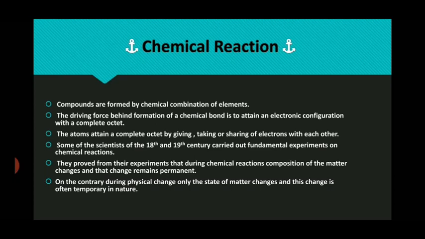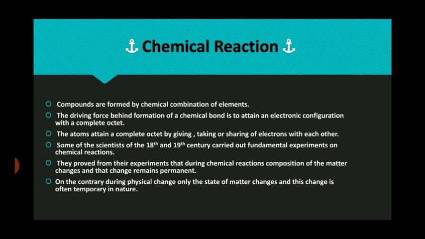Some scientists of the 18th and 19th century carried out fundamental experiments on chemical reactions. They showed from their experiments that during chemical reactions the composition of matter changes and that change remains permanent. So in a chemical change, the composition of matter changes, and that change is permanent.